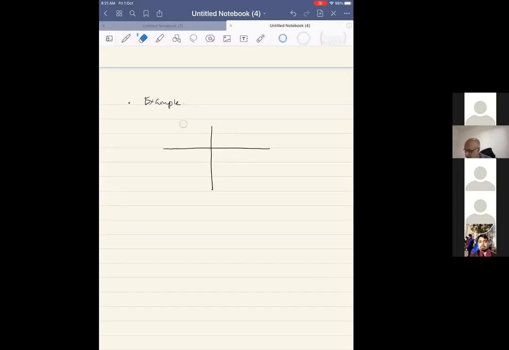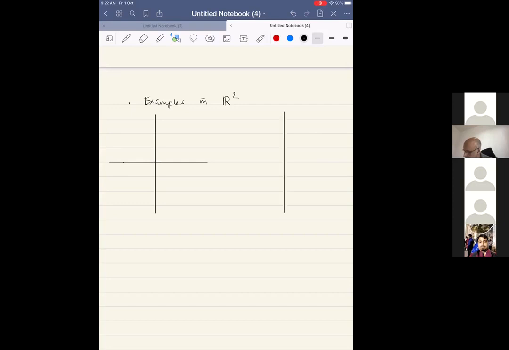Let me create some space for myself. Examples in R2.